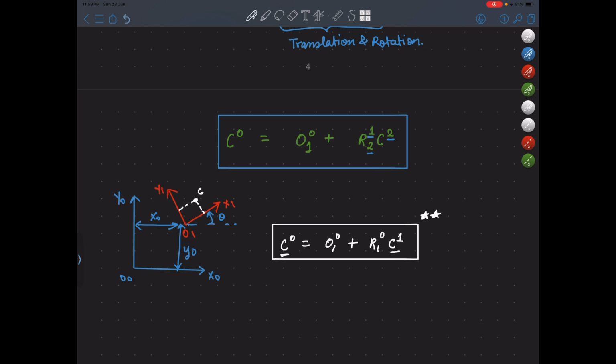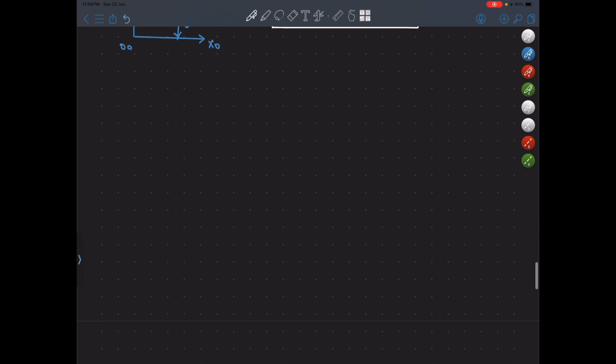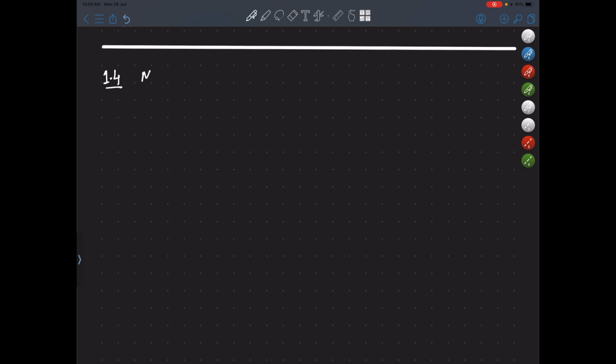Now this was one translation and one rotation. Let's say a frame goes through multiple successive translations and rotations. How do we write the formula? Okay, so let's try to understand that. Section 1.4, multiple successive translations and rotations.